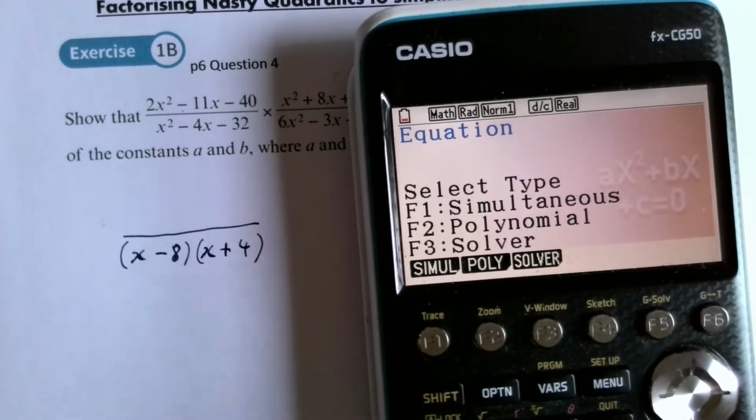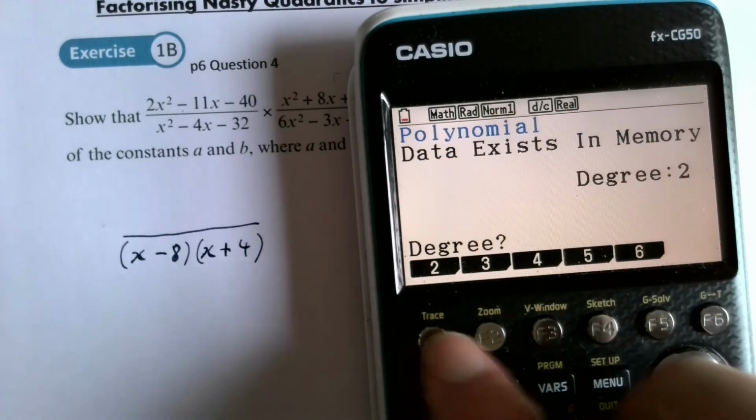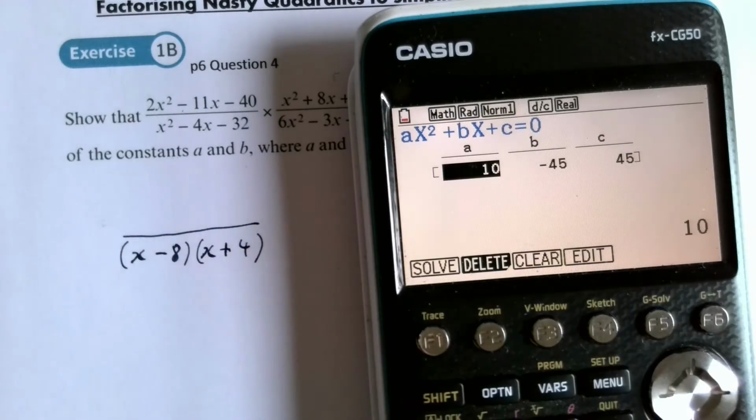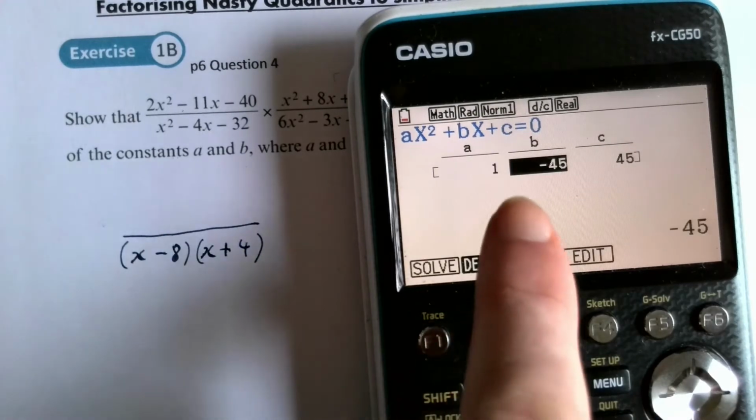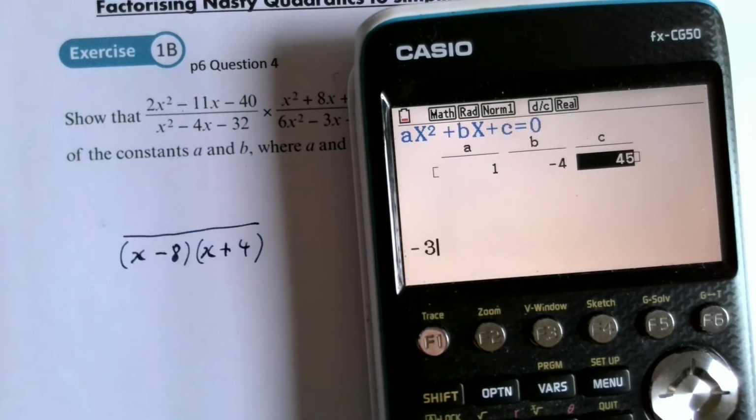Now if you wanted to do that just with the calculator, you could do that pretty quickly. You've just got to watch out for one thing. So we're going to polynomial, and the coefficient of x squared is 1, negative 4, and we've got negative 32 on the end.